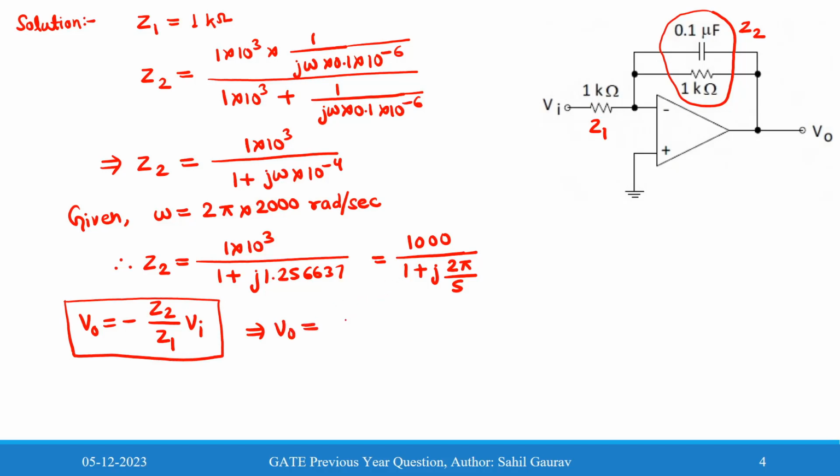First I am putting Z2, that is 1000 divided by 1 plus j 1.25, and Z1 is 1000, into Vi, which is 2 sin(2π × 2000 t).